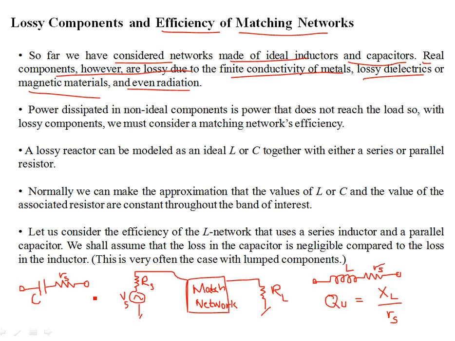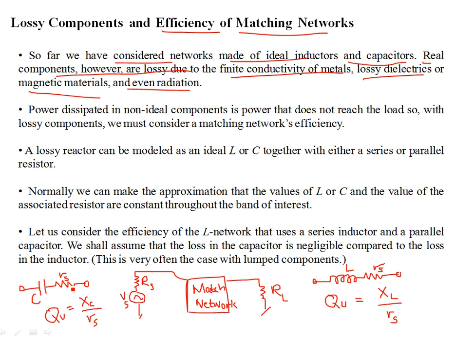The loss is not comparable to what we have in the inductor. But if you're going to consider the component quality factor, it's the same. Again, the definition is XC, the reactance of the reactive element, which in this case is the capacitor, divided by Rs. Okay, and you can write this as 1 over omega C Rs.